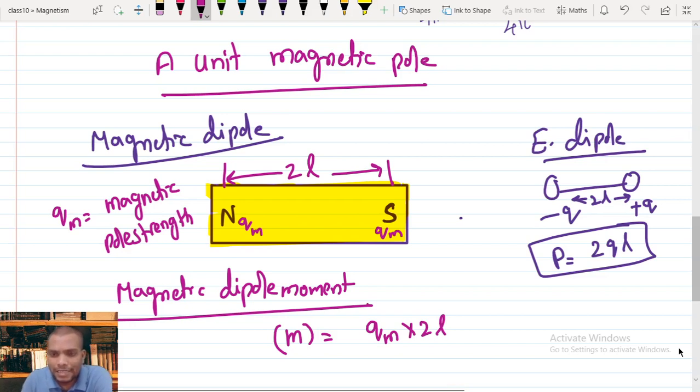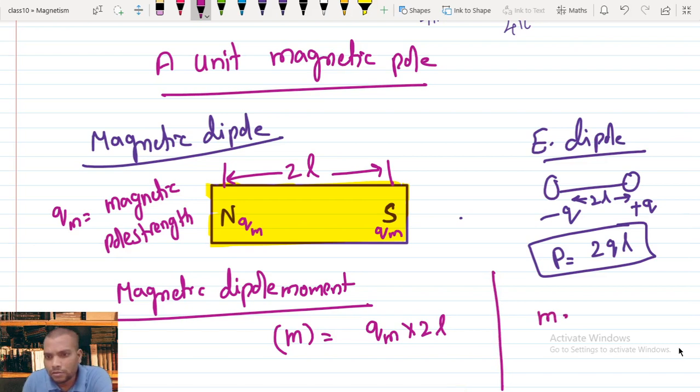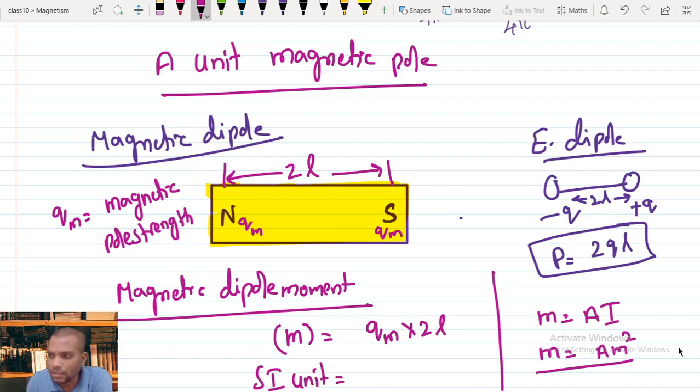If you remember, in the previous chapter we defined the magnetic dipole moment M equal to the product of area and current. Its units we also defined as ampere meter square. The same units come here too. The SI unit of magnetic dipole moment is ampere meter square.